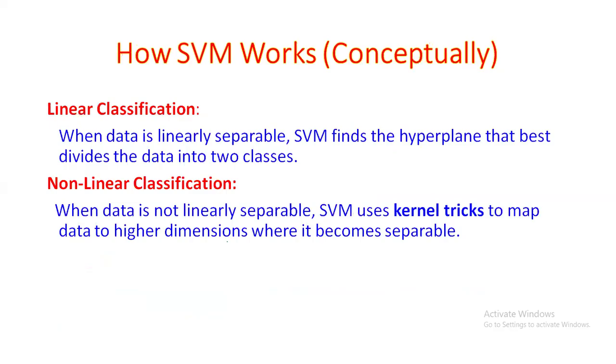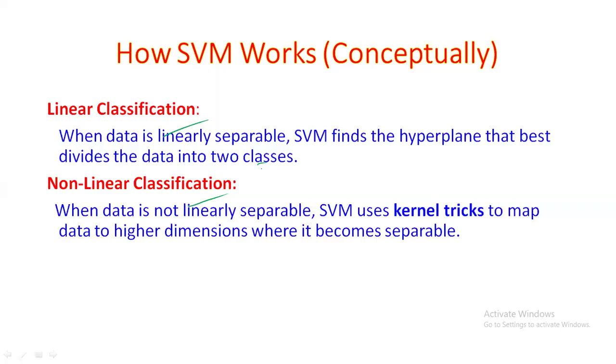And how does SVM work? It is based on linear classification and nonlinear classification. Where data can be perfectly separated using a straight line or plane, SVM uses a linear hyperplane to distinguish between the classes. This is called a linear hyperplane, and the algorithm calculates the optimal hyperplane by maximizing the margin between classes while ensuring all data points are correctly classified.